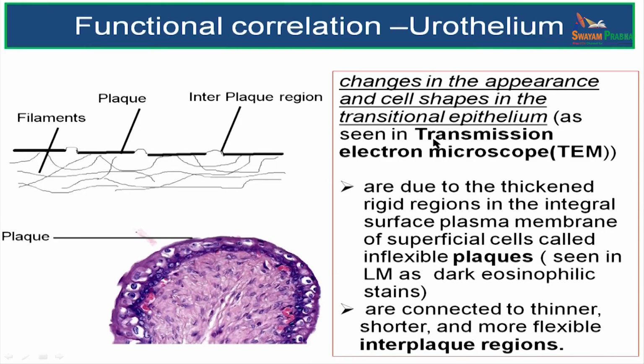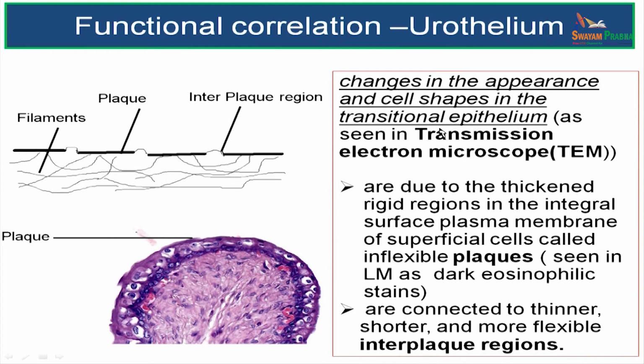As I already mentioned, there is a change in the appearance and cell shapes in the transitional epithelium when it is empty and when it is distended. When the bladder is empty, the superficial cells of the transitional epithelium are dome shaped umbrella cells.